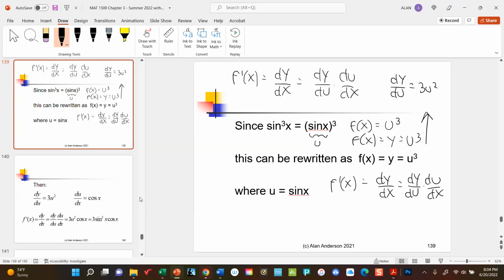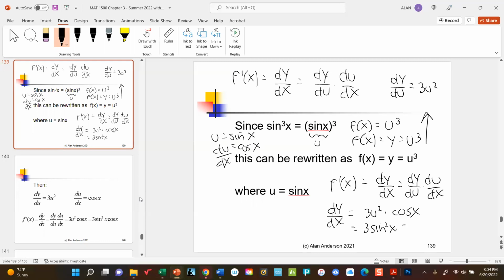And since u itself is sine of x, du dx is cosine x. So I'm all set. I'll have 3u squared times cosine x. And since u has been defined to be sine x, we get 3 sine squared x times cosine x, and we're done.